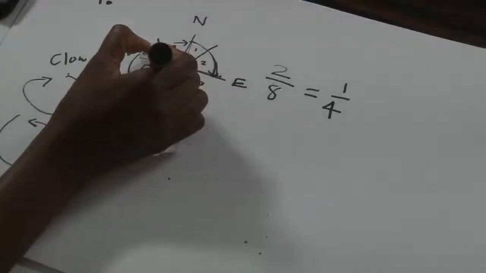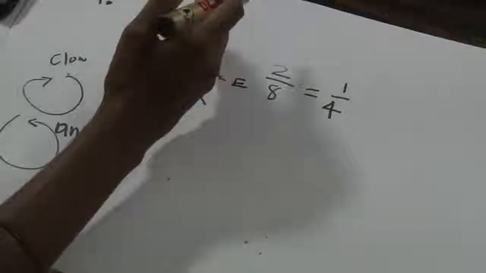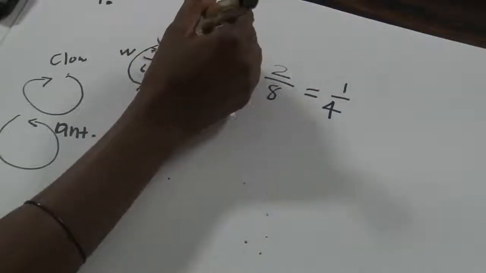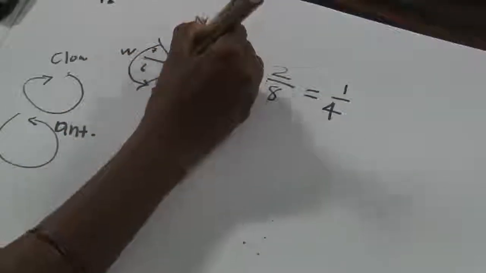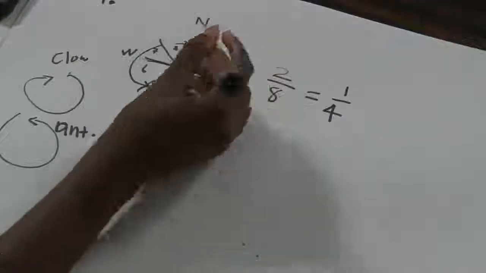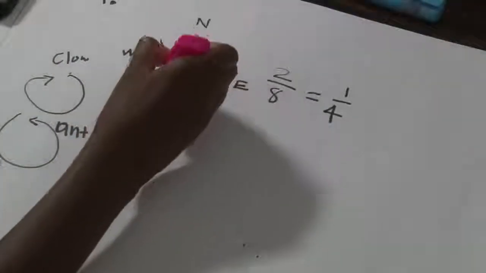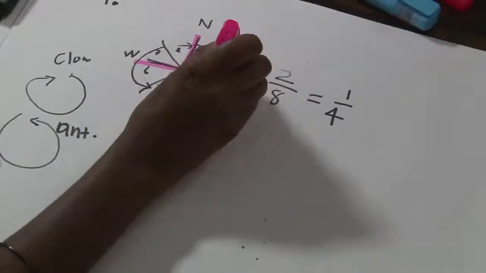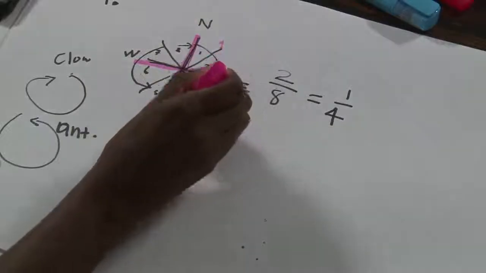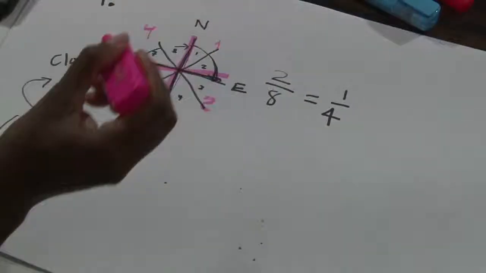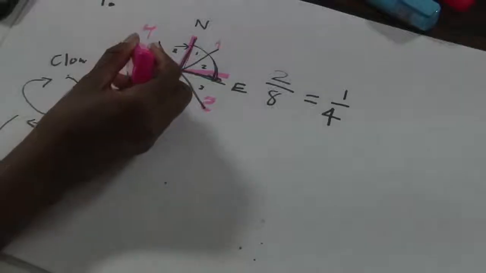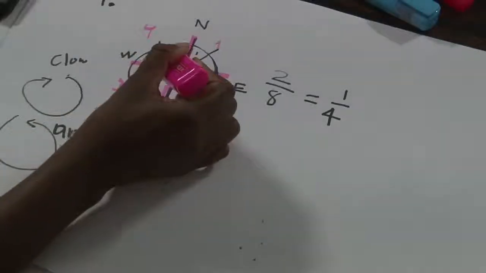You can also just use the big ones, then it can be 4, because this person is just turning 1 out of 4 of this whole. So if we are looking at it like this now, 1, 2, 3, 4. So it's turning this way now from west.